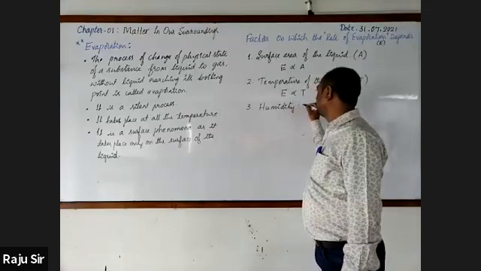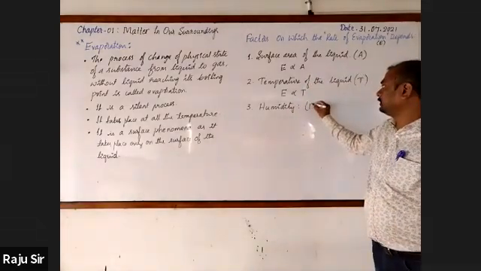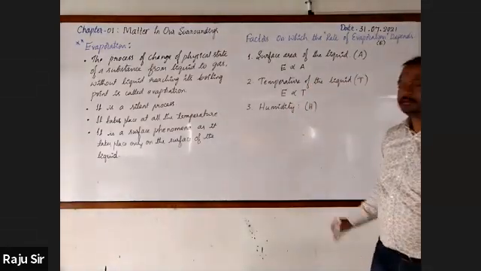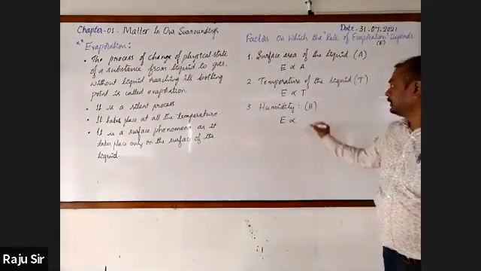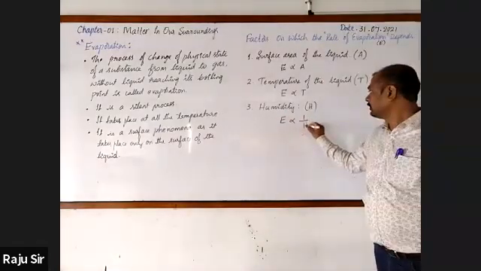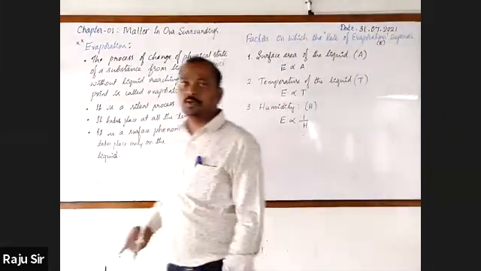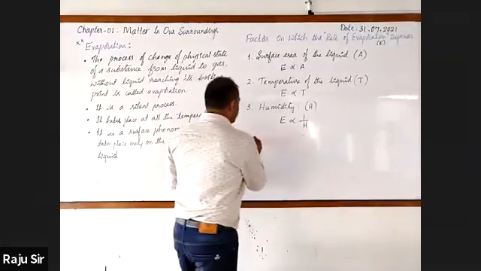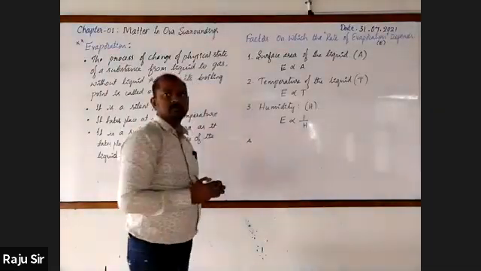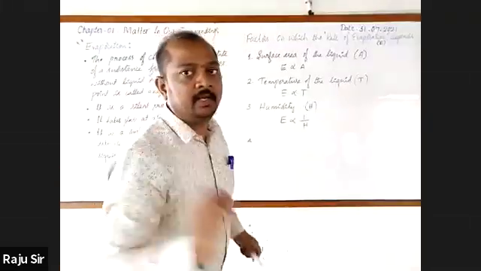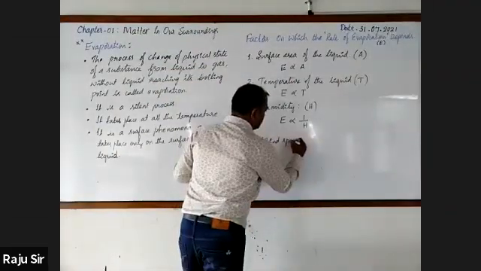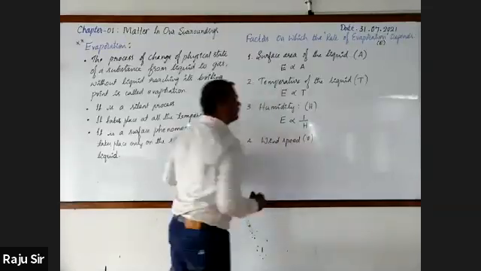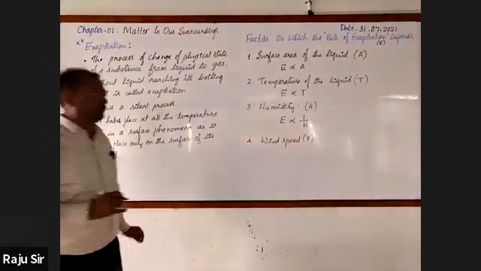In bracket I'll write inversely proportional. E is inversely proportional to humidity. Fourth one, wind speed. In bracket you write the symbolic representation V.